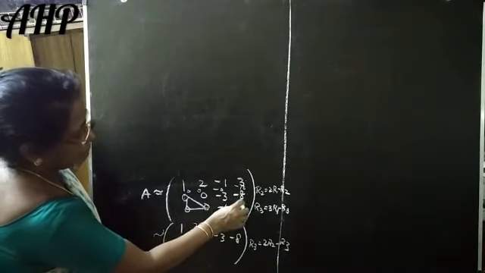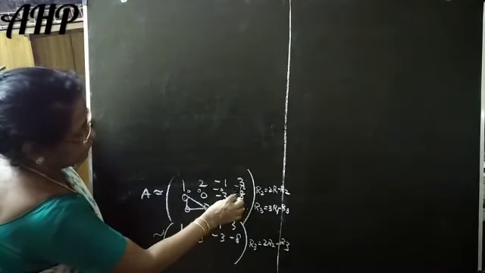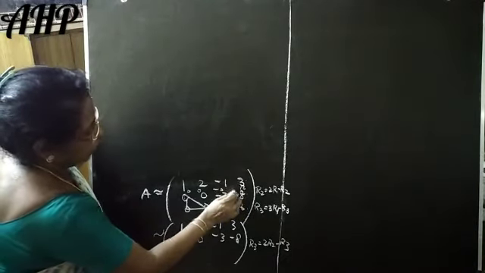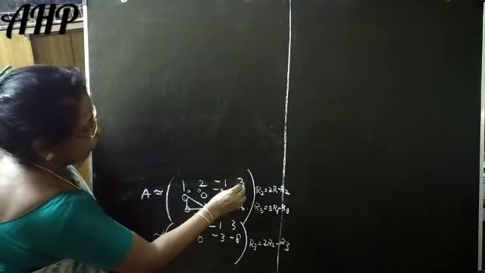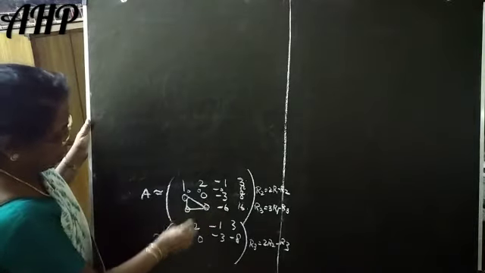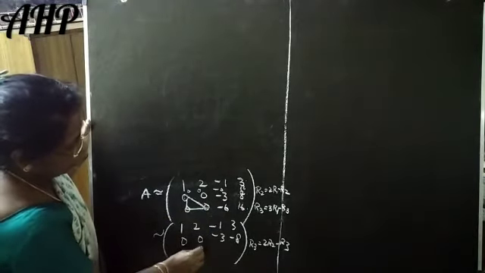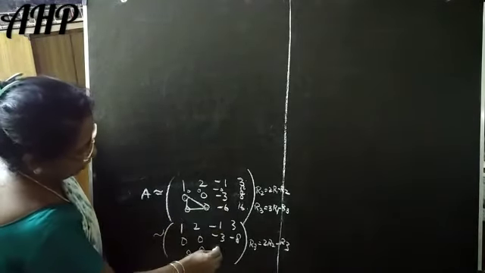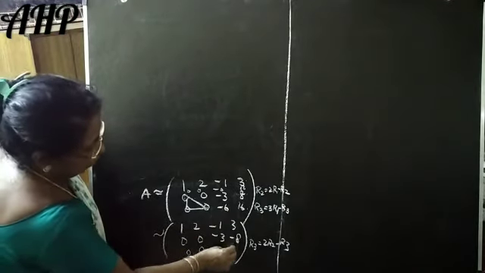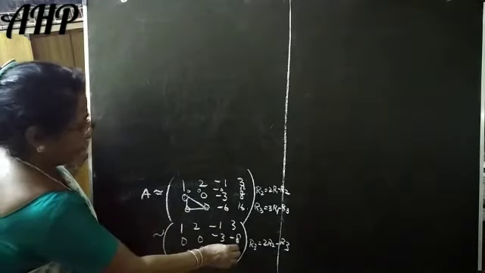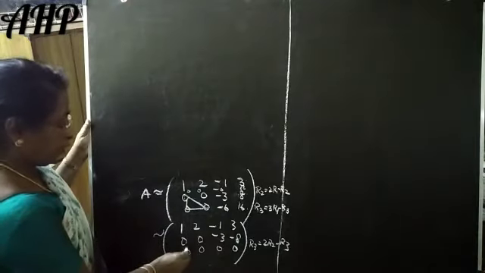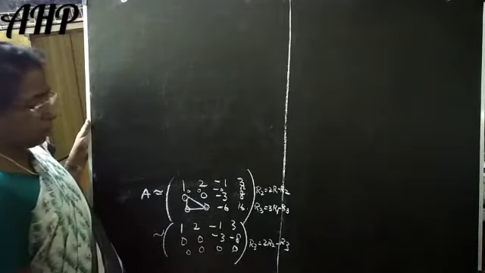So subtract, plus 16. So you are going to get here 0, 0, minus 6, minus 6, 0, 16 minus 16, 0. So you are going to get the whole of last row to be 0.